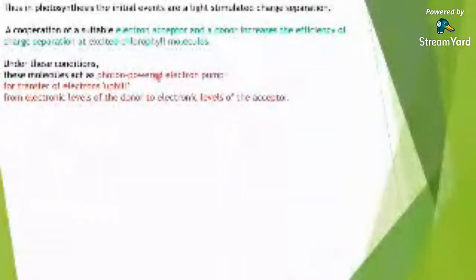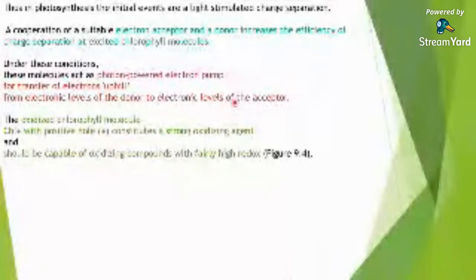As we have seen, on the absorption of a photon, an electron is transferred from PS2 to PS1. So these molecules act as a photon-powered electron pump for the transfer of electrons uphill from the electronic levels of the donor to the electronic levels of the acceptor.